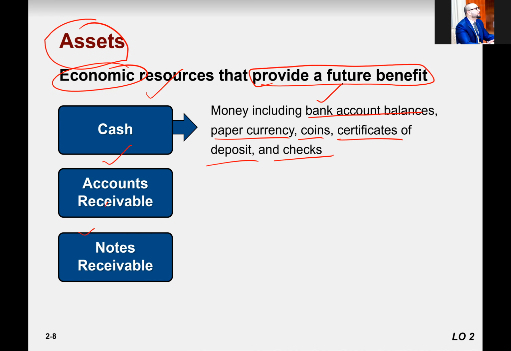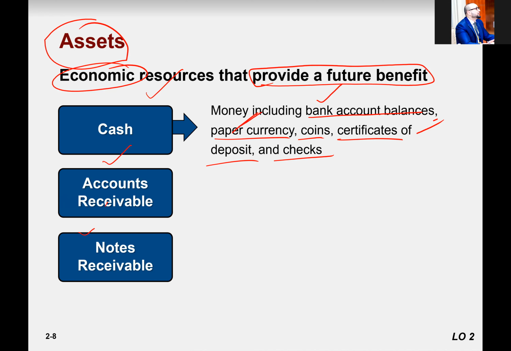You have a certificate of deposit, a short-term saving with the bank. We don't need this extra $10,000 for at least 1 or 3 months, so why keep that money idle in a checking account? Why don't we save it for 3 months and receive some interest? These kinds of things are also cash.